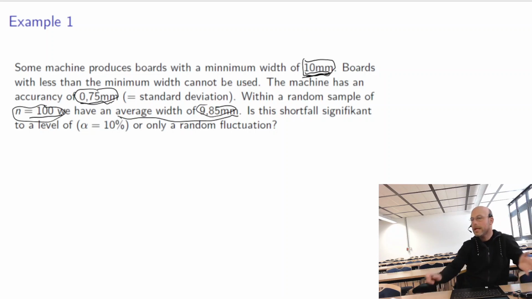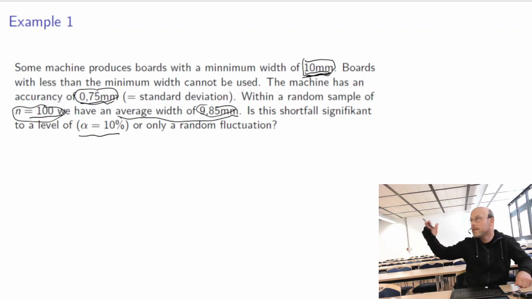And now we want to know, is there something wrong with my machine? Because on average, the length of my boards is not large enough. And therefore, we say, okay, we take an alpha error of 10%, a confidence level or significance level of 90%.